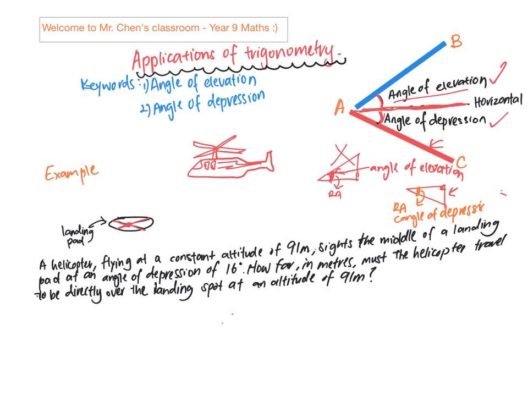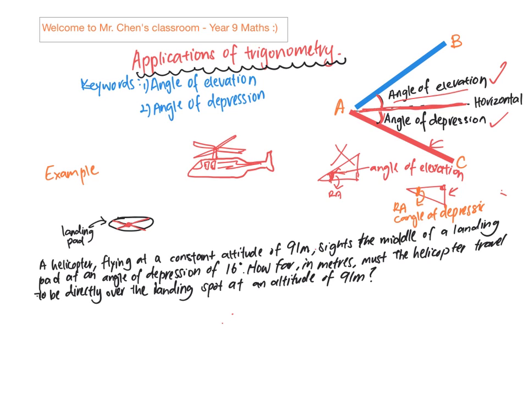So what actually are angle of elevation and angle of depression? I want you to look on your right hand side. There are two different types of angles. Let's go into angle of elevation first.